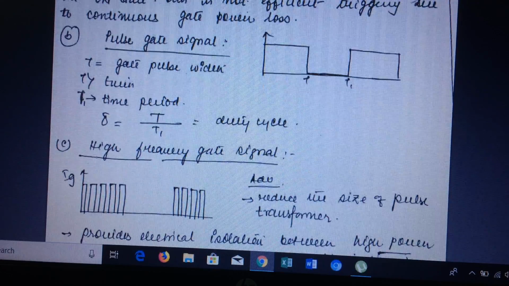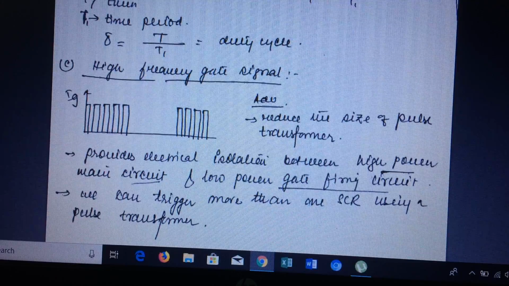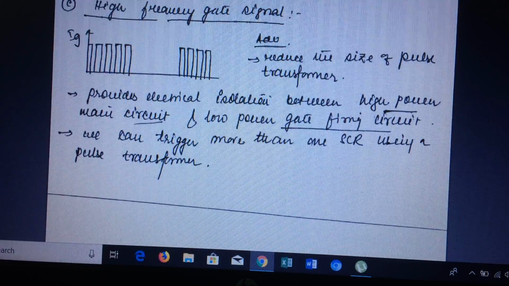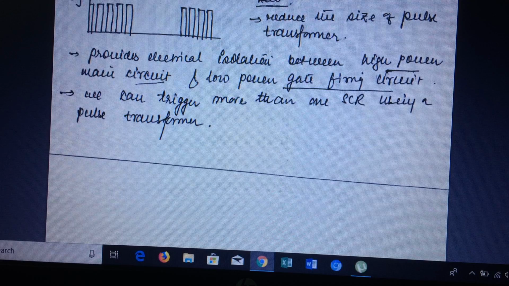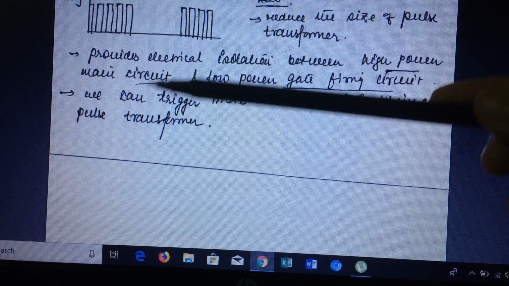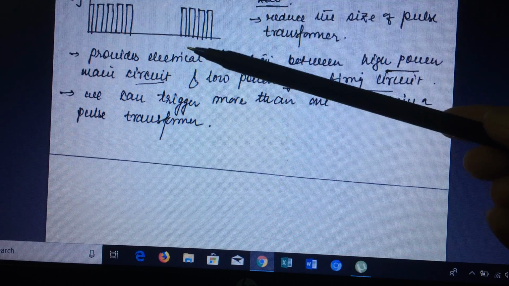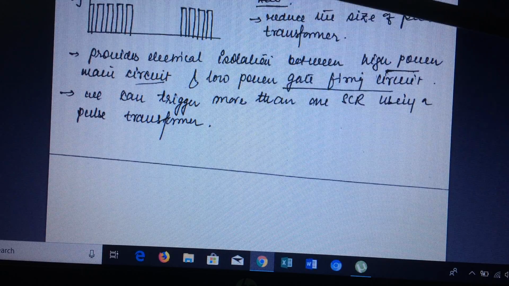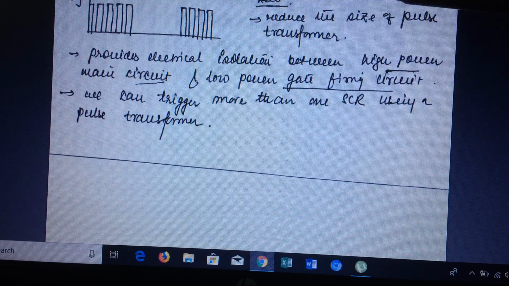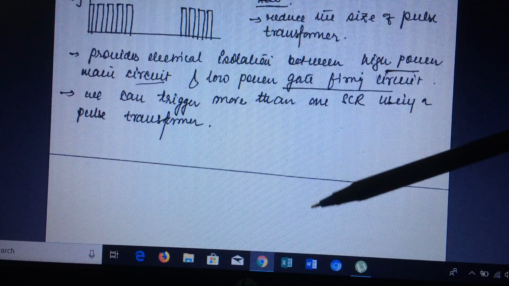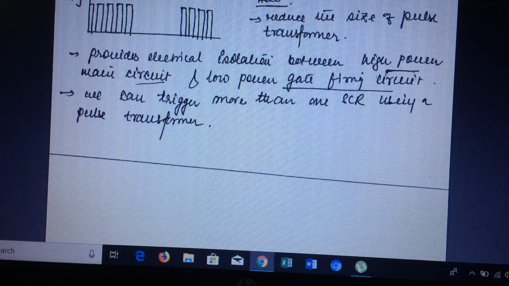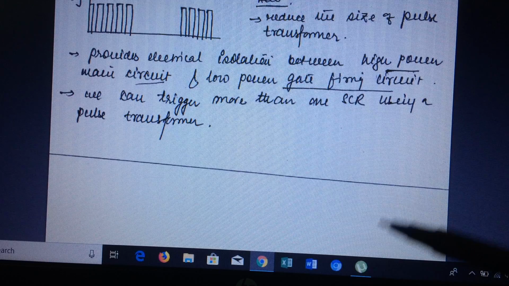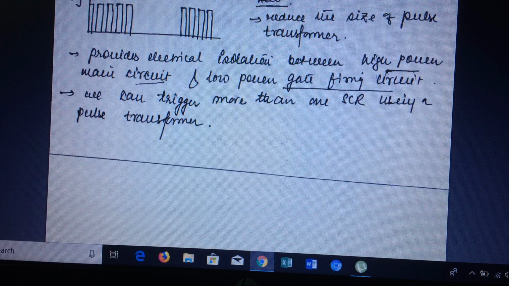What is our next? Next is the high frequency gate signal. What happens in the high frequency gate signal? This is the application of pulses like this. What is the advantage of this method? This method reduces the size of the pulse transformer. This is the method where we use a pulse transformer to trigger an SCR.